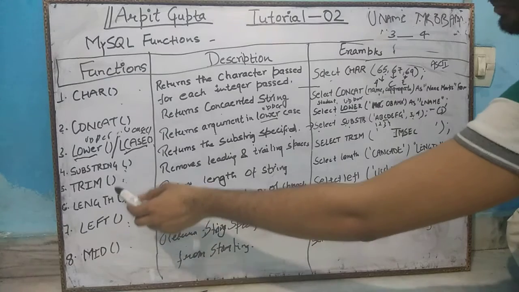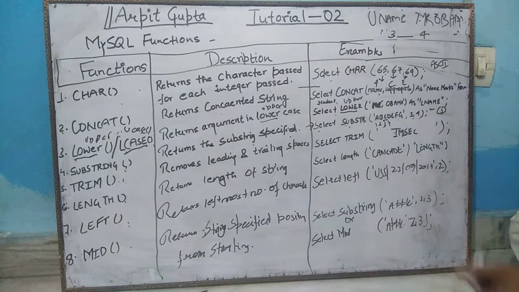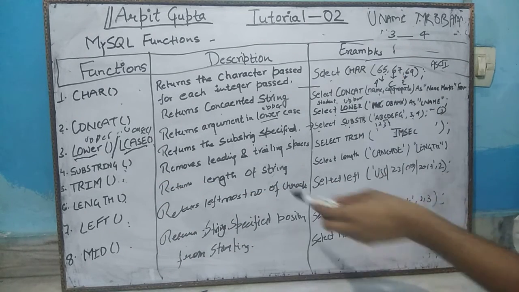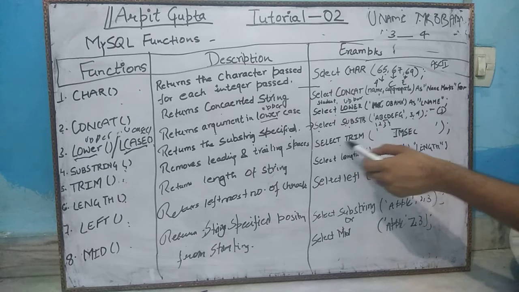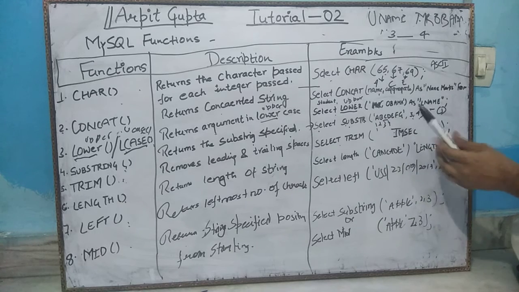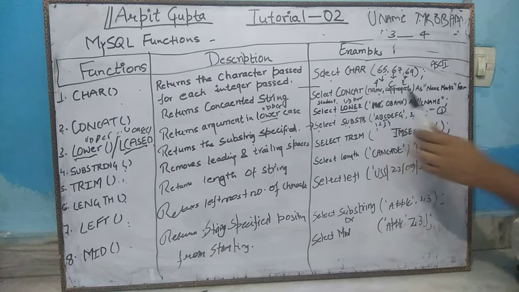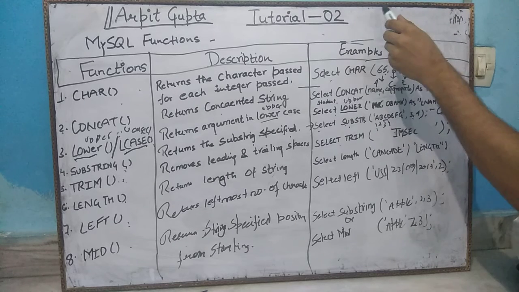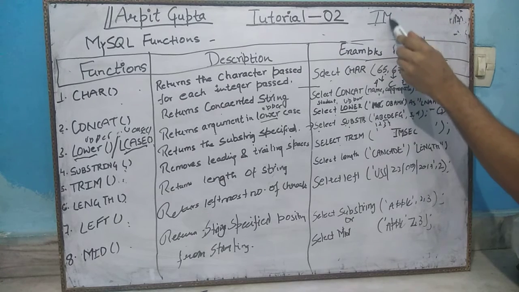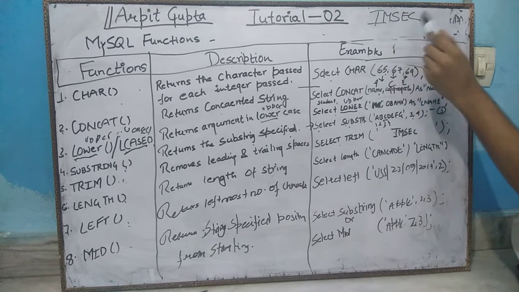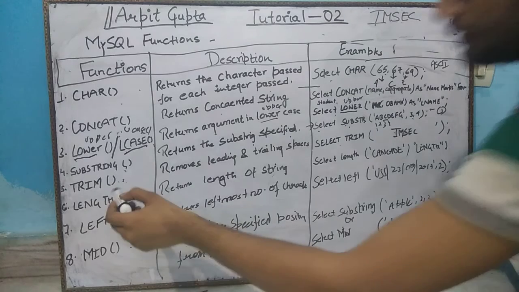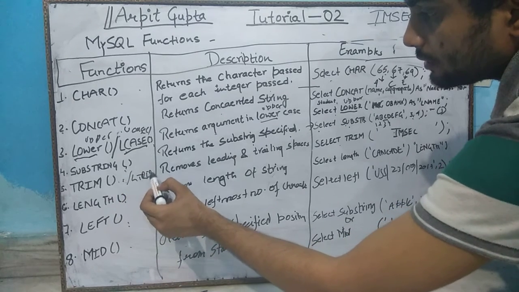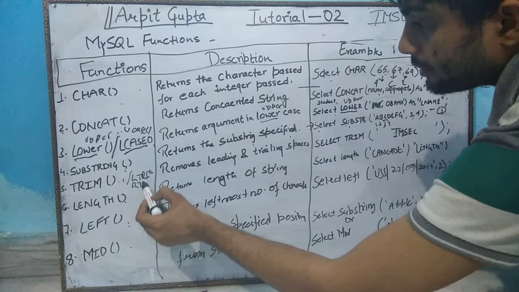Now the sixth one is trim. It removes the spaces in the string. For example, select trim IMSEC. It removes these spaces and gives output as IMSEC. Similarly, there is L trim and R trim.